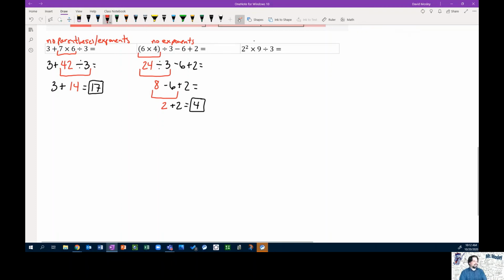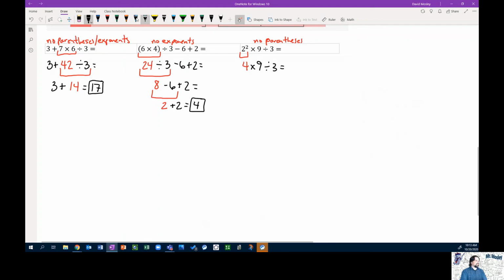Our last example here, we have no parentheses to start. So we'll start with our exponent. 2 squared. That gets a higher priority because it's more prioritized than multiplication or division. 2 times 2, which is 2 squared, is 4. And we'll copy down the rest of our operations. Times 9 divided by 3.